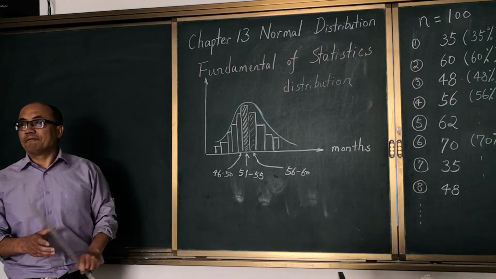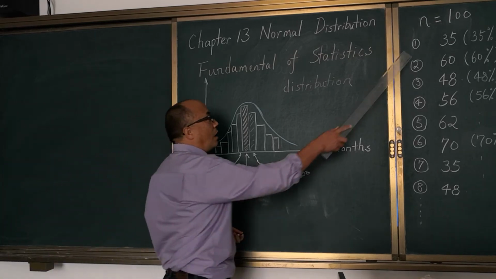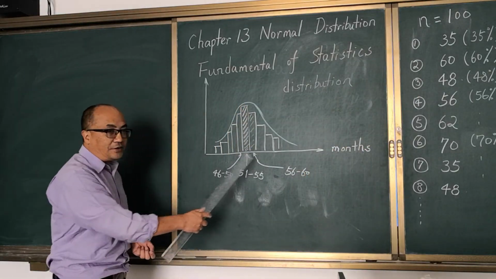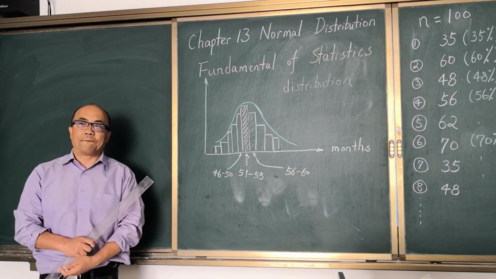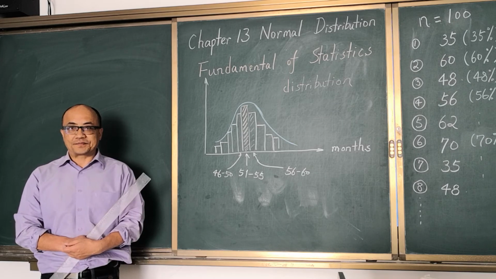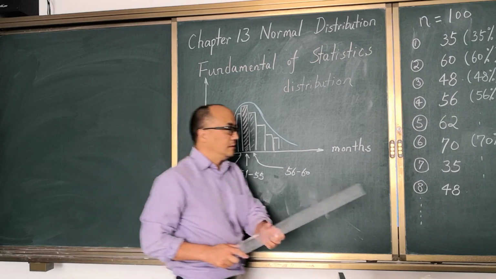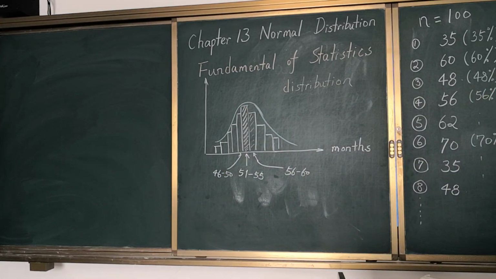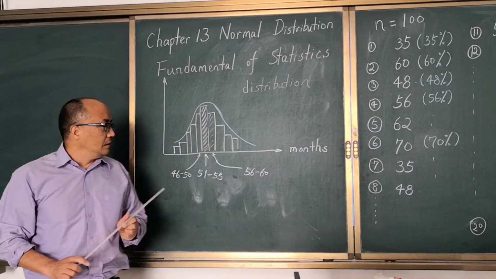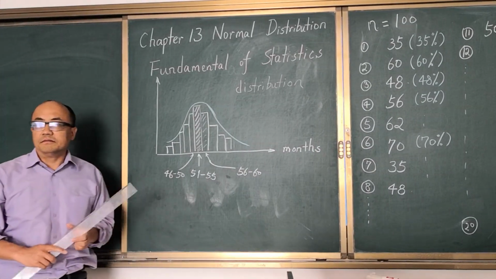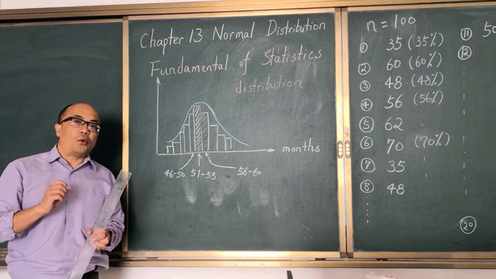So what's the story? If you went to the hospital, you studied 100 cancer patients, and you get these numbers. What's the story? Yes. So this tells you that how long they live is something randomly happening.